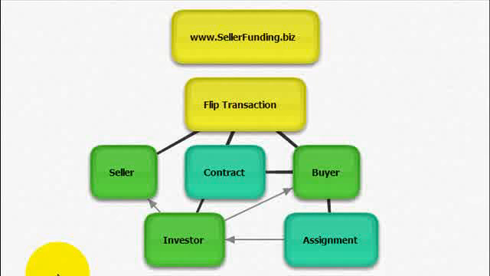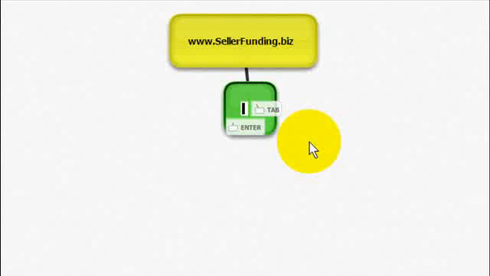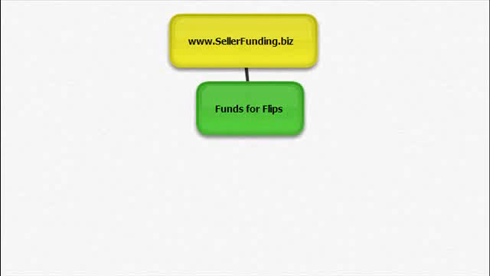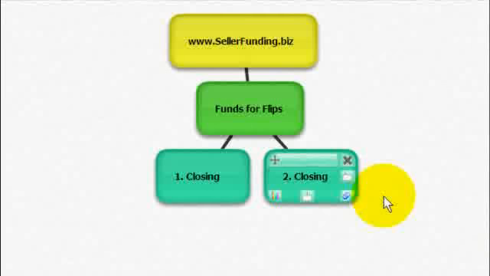However, certain flip transactions do require you to close on the purchase first before you can sell the property to your end buyer. And that's where Home Seller Assist's funds for flips come in. You use them in any situation where you structure the flip as two separate closings that can happen immediately one after the other.